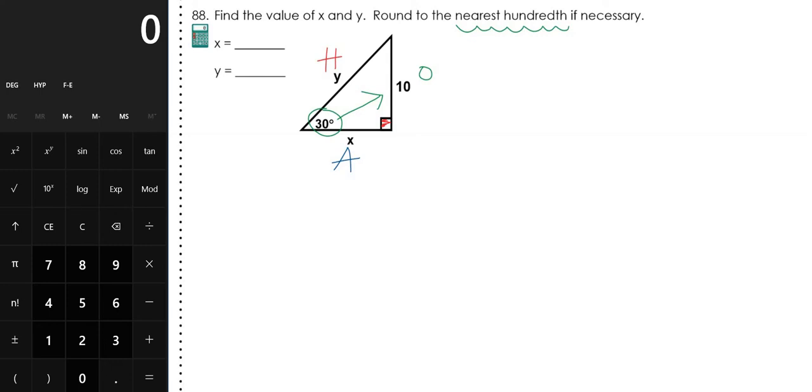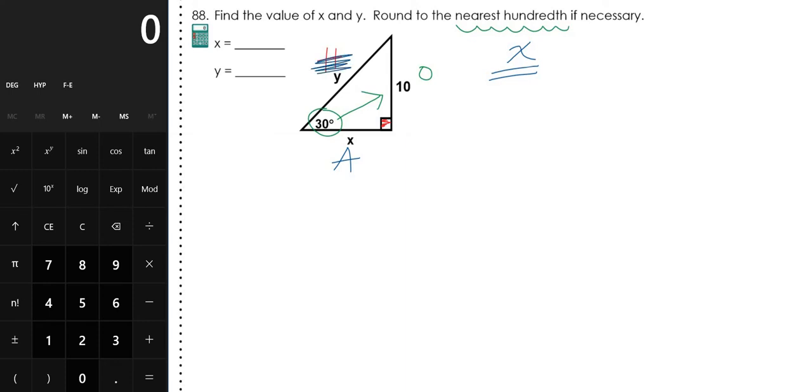So now that I have O, A, and H labeled, I'm going to look one at a time and figure out what is X and then what is Y. You cannot find X and Y at the same time. It has to be one at a time. Okay, so let's start with X. So if I'm going to be solving for X, I want to completely ignore the other variable.